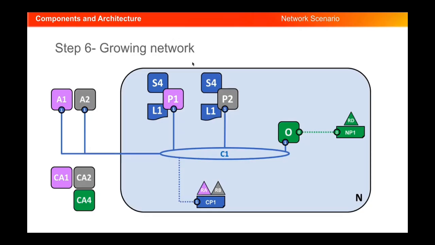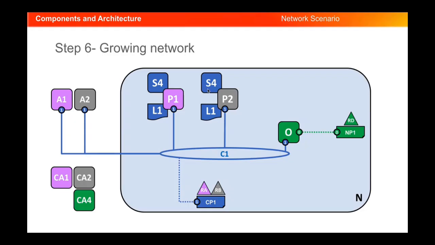Next, growing the network. In the previous section, you have seen you have only P1 as a peer, which is governed by organization A. In the next step, RB, or organization B, decides to contribute one peer to the network, or to the channel. So RB contributes P2 as the node that it governs, and application A2 to talk to the channel in order to access the information present in the peer.